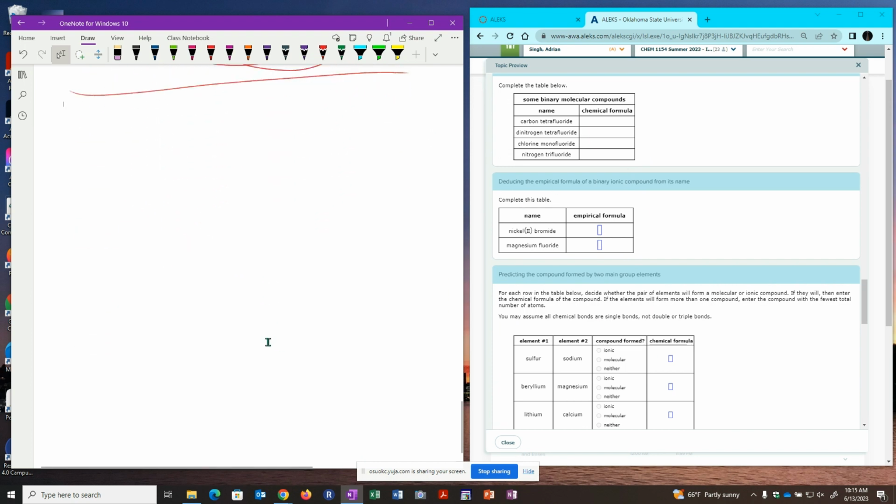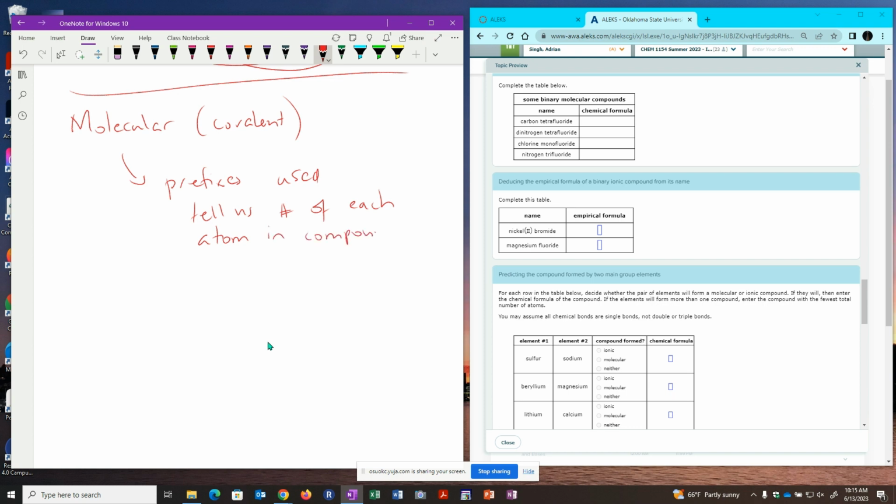In contrast to the ionic compounds, the molecular compounds, which again are also known as covalent compounds, are a lot simpler to navigate in terms of their nomenclature and their formulas, because with these, we're going to use prefixes, and these tell us the number of each atom in the compound. And for molecular covalent compounds, we're only going to see nonmetals.